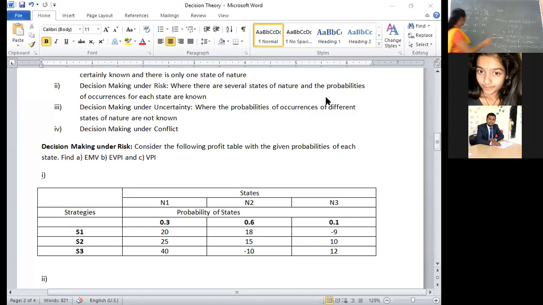The formula is EVPI equals the best payoff of each nature into the corresponding probability. That is 40 into 0.3, plus column N2. Column N2 has 18, 15, minus 10.